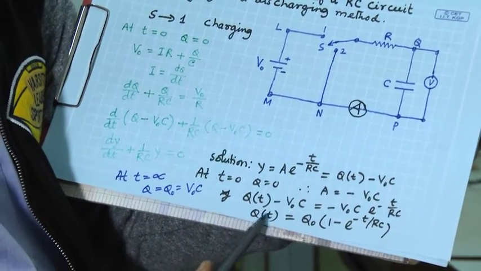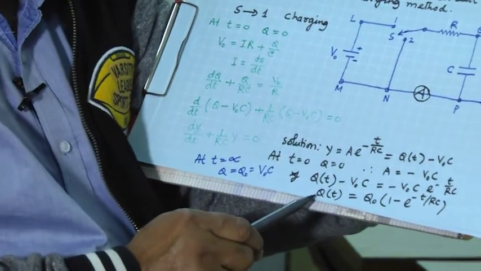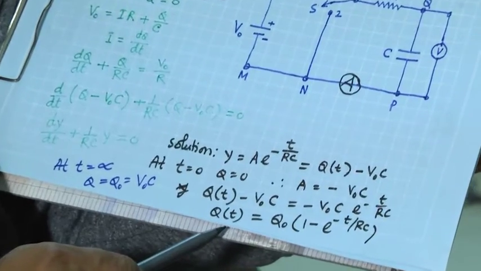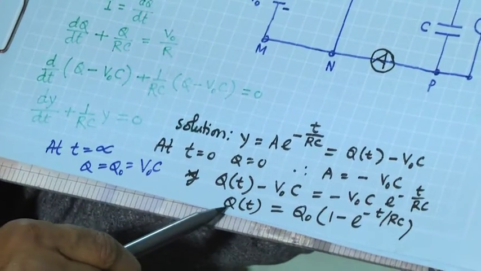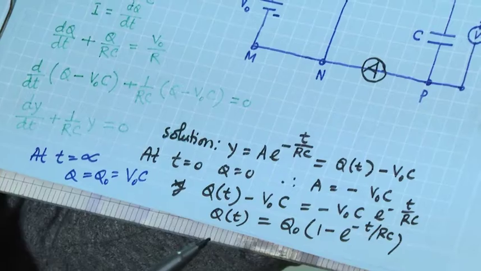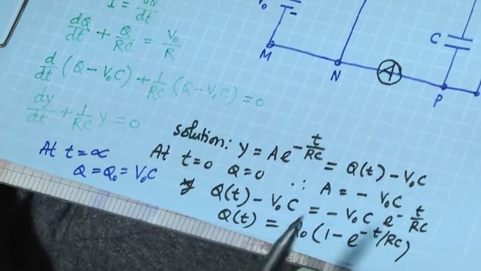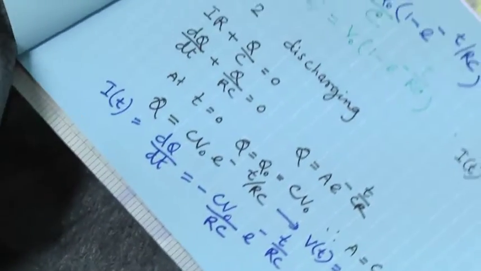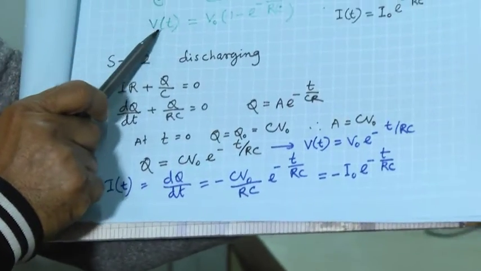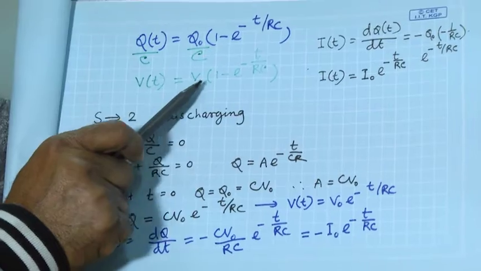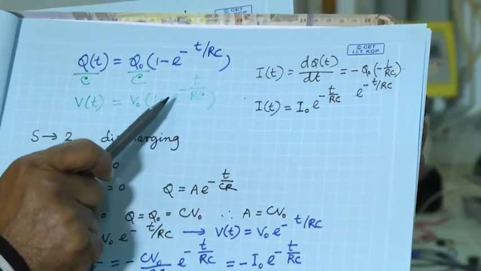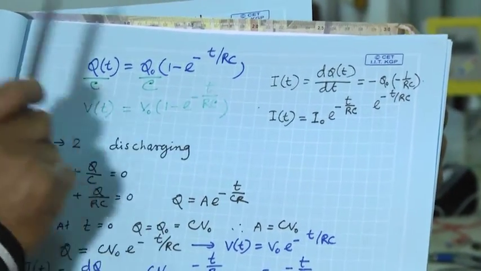Now if you divide by C on both sides, this will give the variation of voltage. So you will get V(t) equal to V0 times (1 minus e to the power minus t by RC).